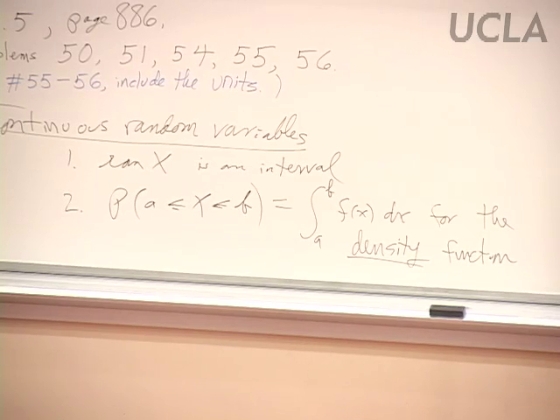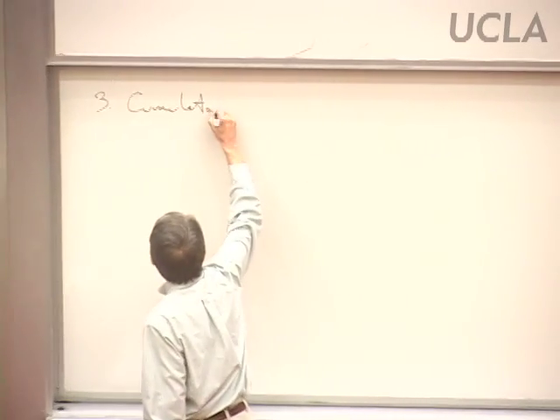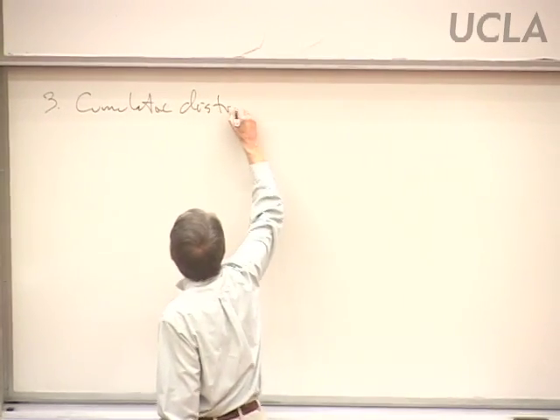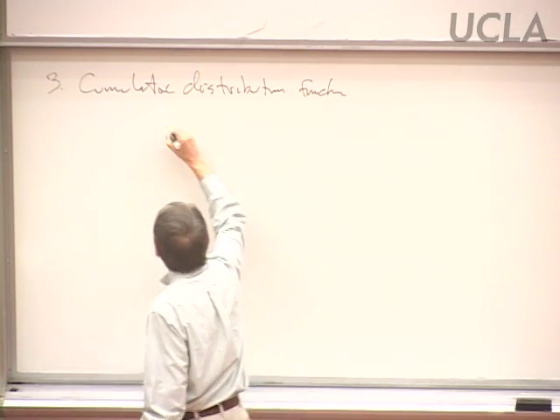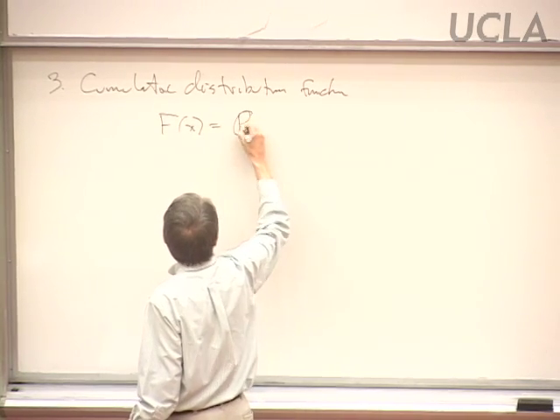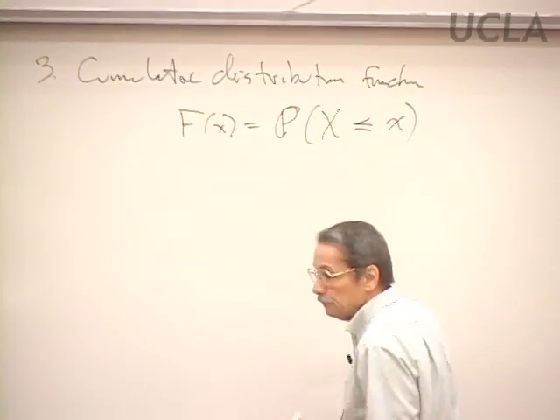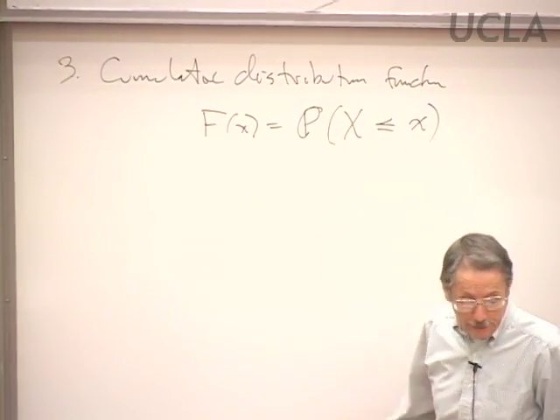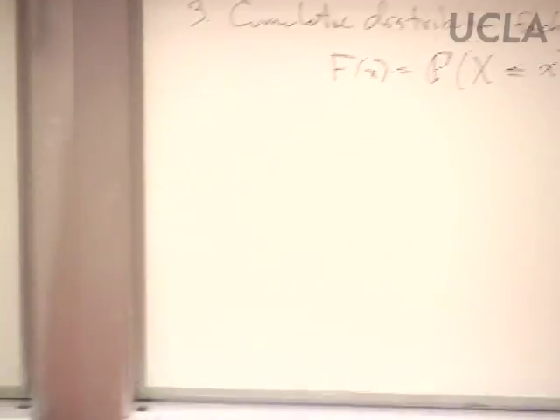And as before, we have the cumulative distribution function, capital F, the probability that we get a measurement x or smaller. Well, that's like this, but without the a.